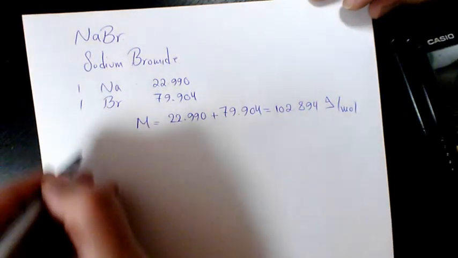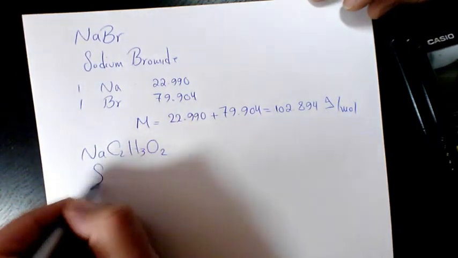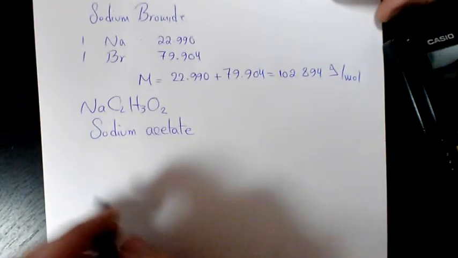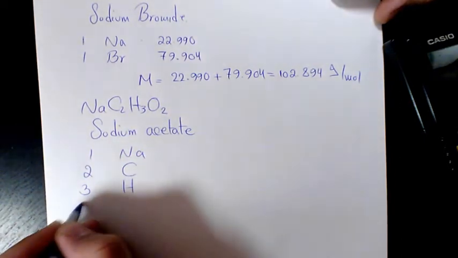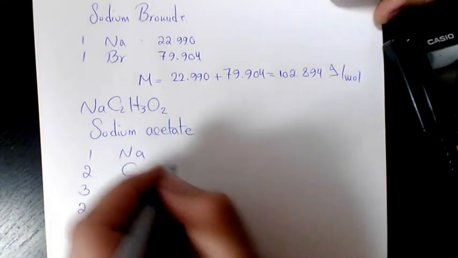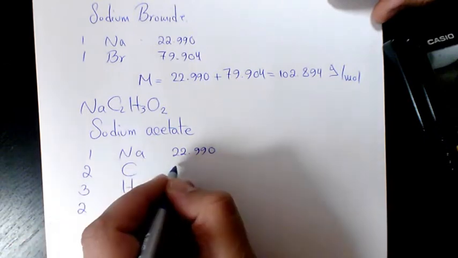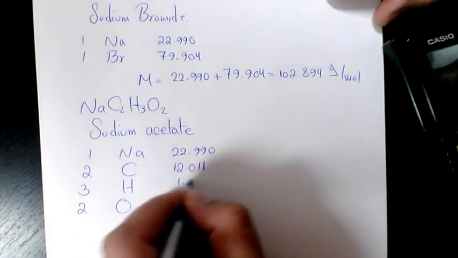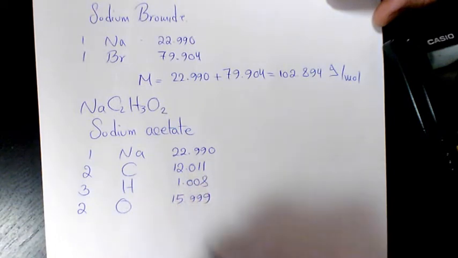Next one is NaC2H3O2, which is called sodium acetate. So we have 1 atom of sodium, 2 atoms of carbon, 3 atoms of hydrogen, 2 atoms of oxygen. Sodium is 22.990. Carbon is 12.011. Hydrogen is 1.008. Oxygen is 15.999.